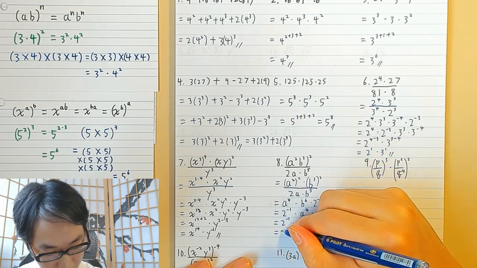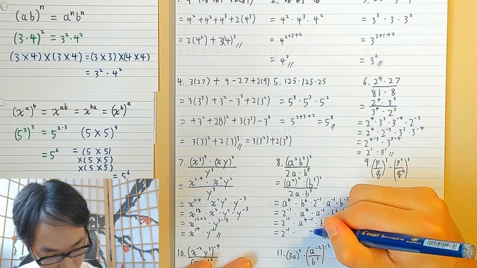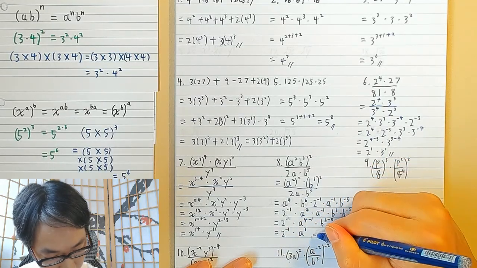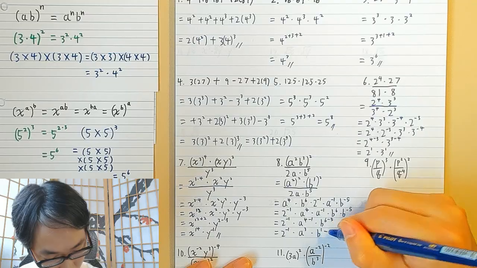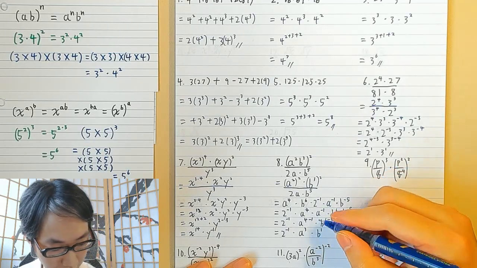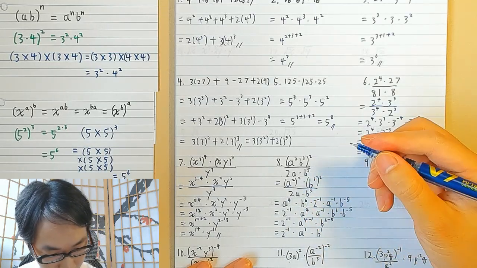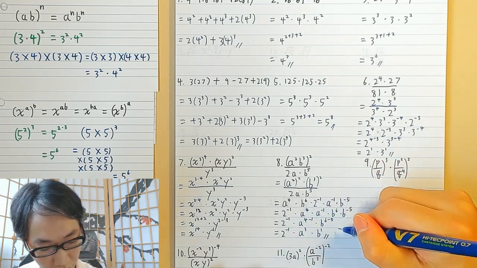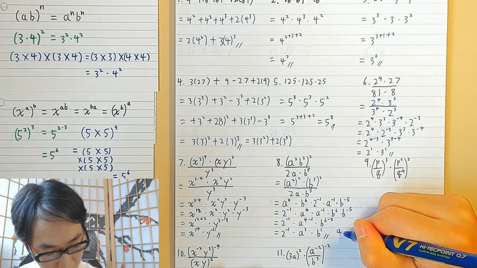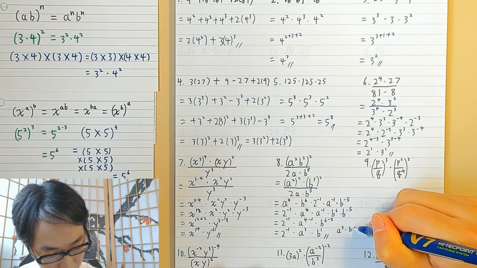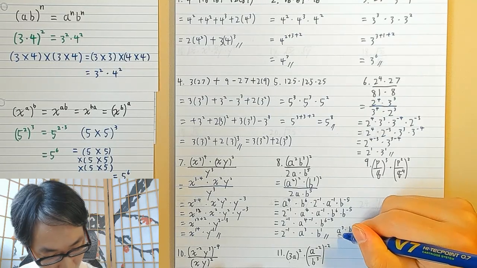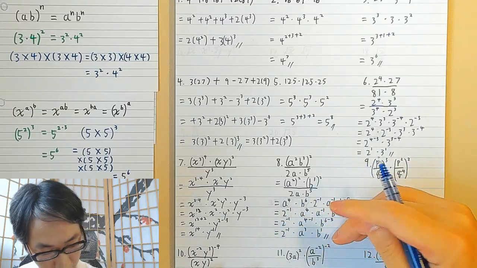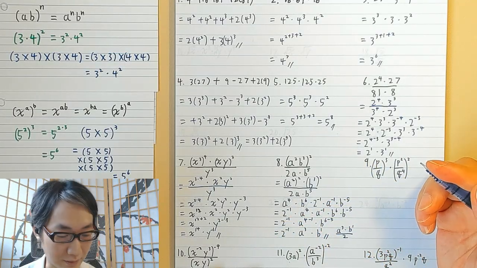Okay. 2 to the power of -1 times a to the power of 3 times b to the power of 1. This will be the answer. We can also do a to the power of 3 times b to the power of 1 over 2. These two are the same.